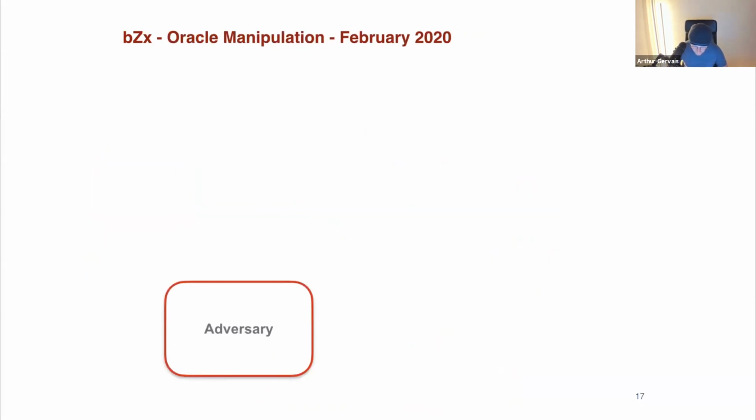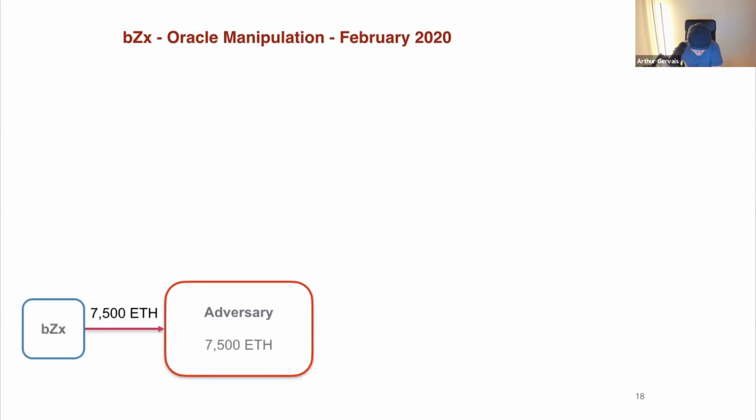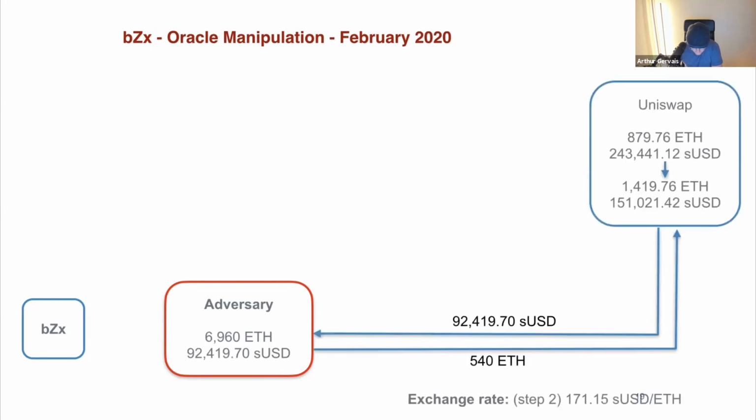So let's look at the BZX Oracle manipulation in February 2020. We have here an adversary, and as Sam actually explained, he got 7,500 Ether as a flash loan from BZX. With parts of this Ether, he goes to Uniswap and sells 540 Ether in exchange for about 90K US dollars.